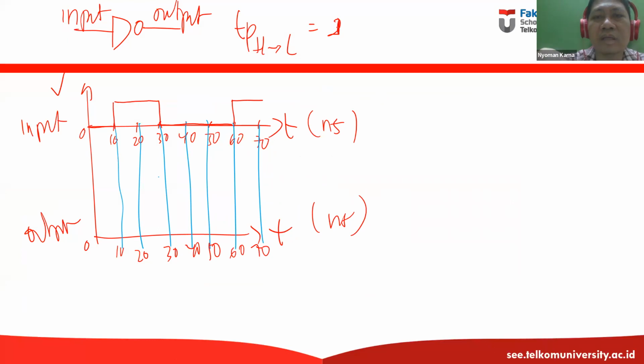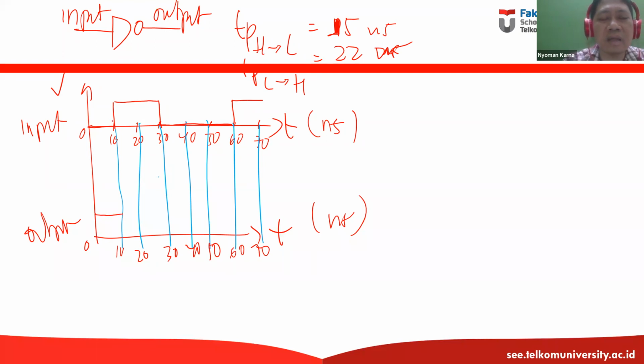High to low is 15 nanosecond. Now, the first part of the input is 0. So the output will become 1.